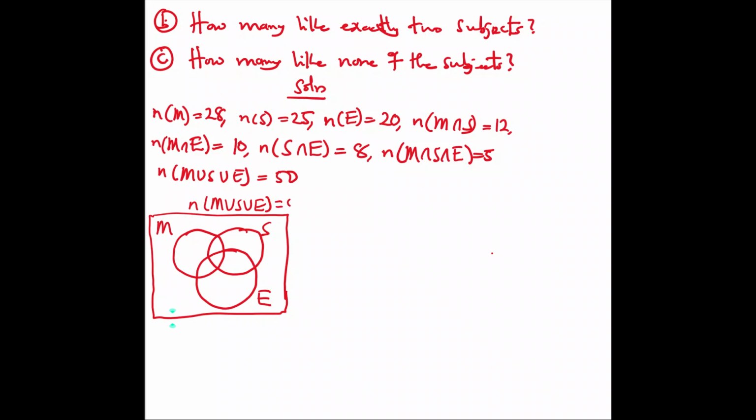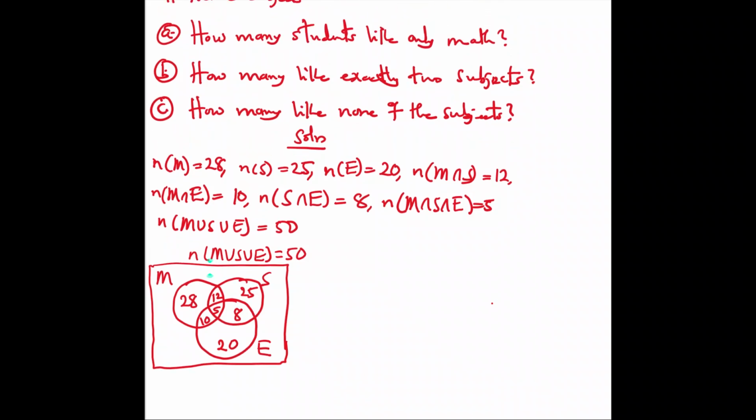The total number of students is 50, and the number of students who like math is 28. Number of students who like science is 25. Number of students who like English is 20. Number of students who like science and English is 8. This is where it's going to be written. Number of students who like math and English is going to be 10. Number of students who like maths and science will be 12. And the number of students who like all 3 is 5.